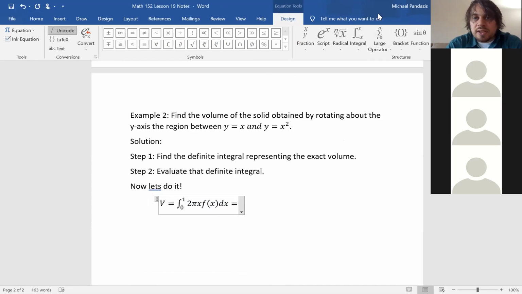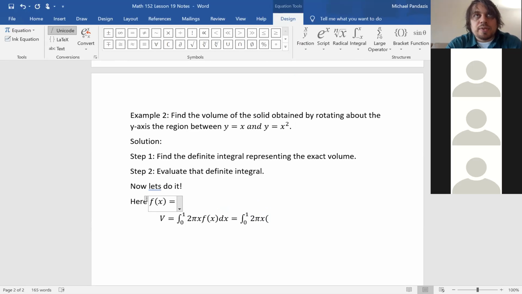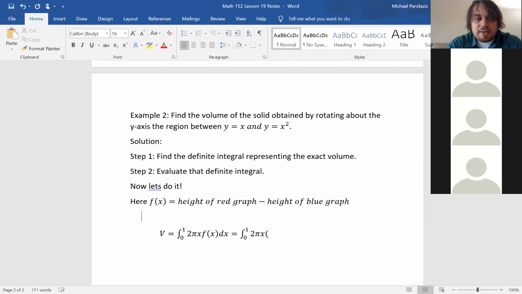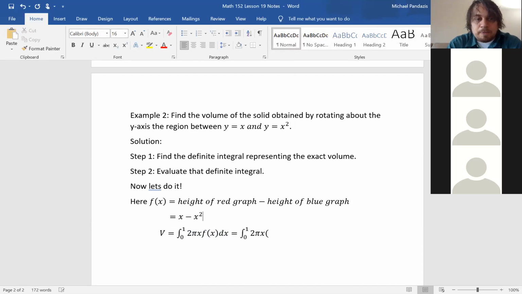Now f of x is equal to the height of the red graph minus the height of the blue graph. And in the picture, that was equal to x minus x squared. So f of x is x minus x squared, and then dx.